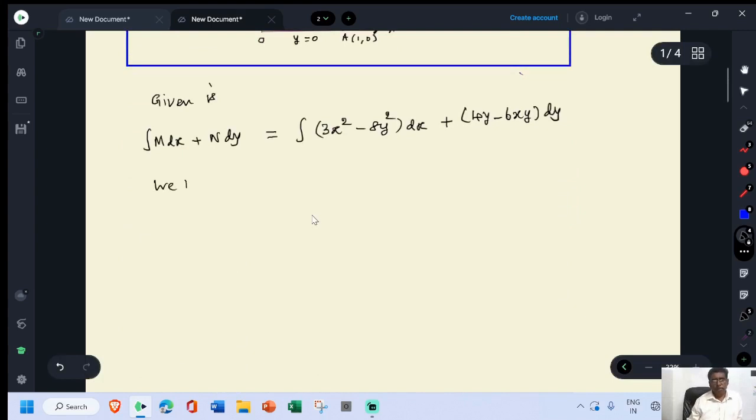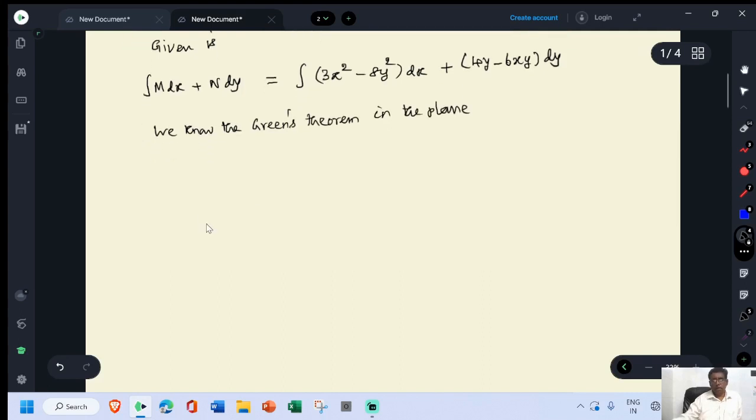We know Green's theorem in the plane, that is, ∮ over C of M dx + N dy is equal to the double integral over R of (∂N/∂x − ∂M/∂y) dx dy.